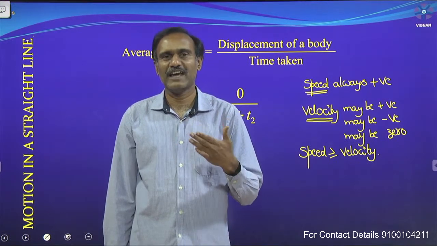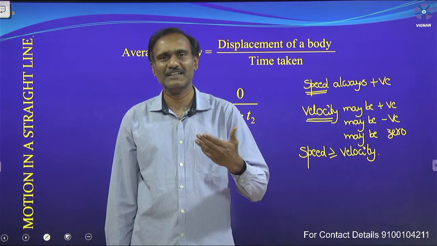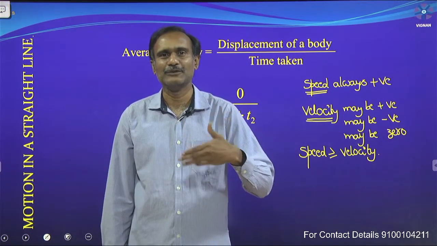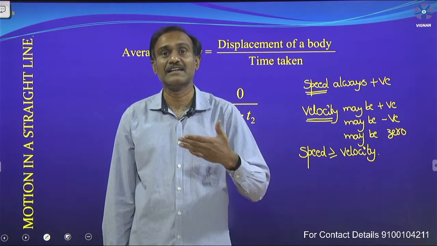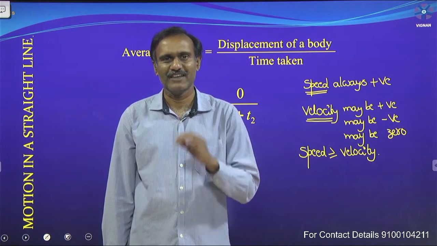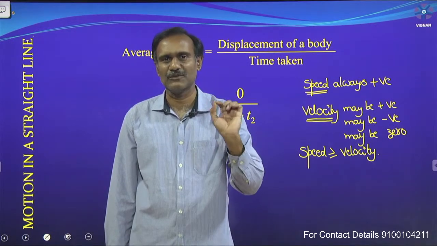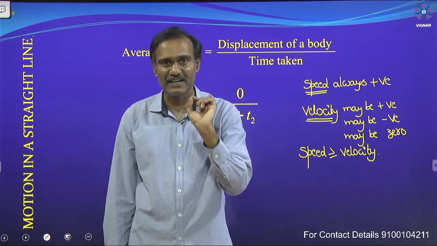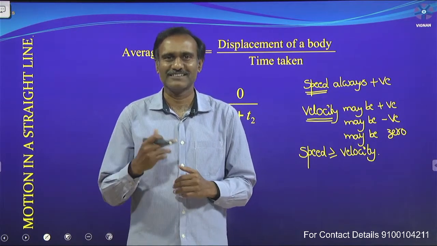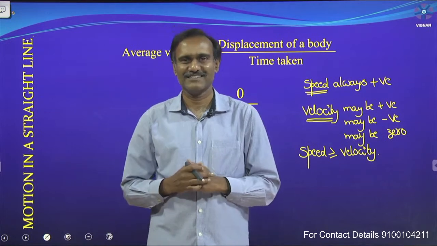A physical quantity having both magnitude and direction, and also it obeys the parallelogram law of vector addition. Then only we call that physical quantity a vector. Already we discussed it in the first class.